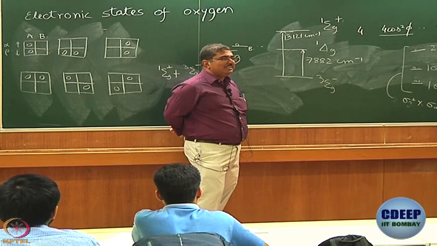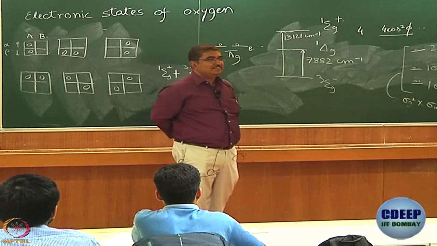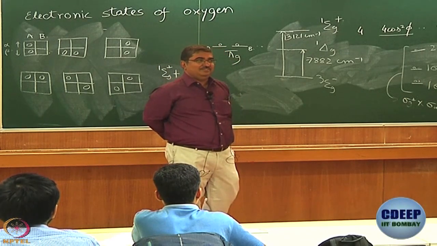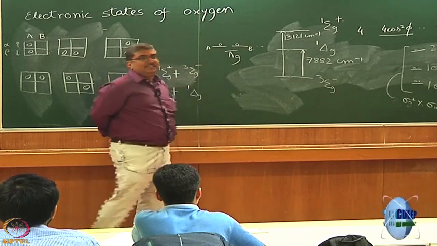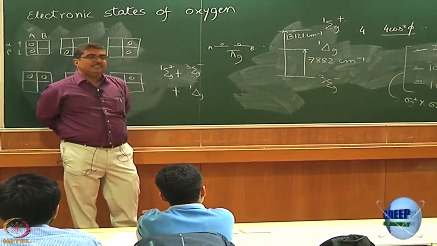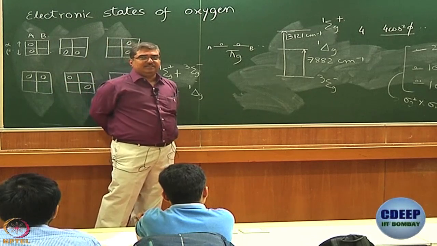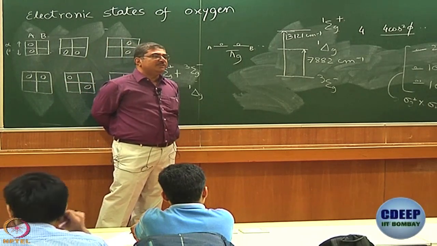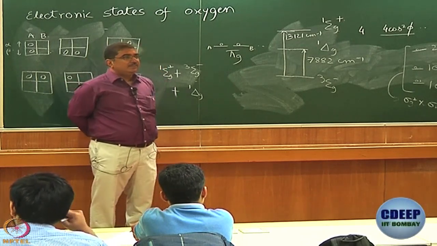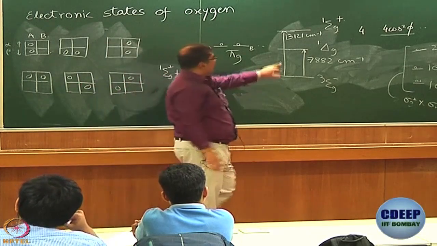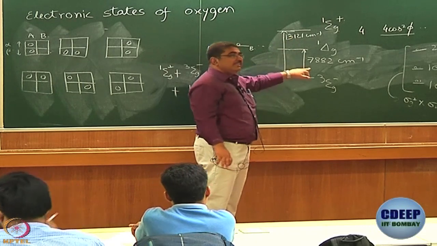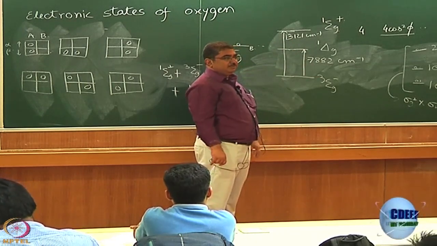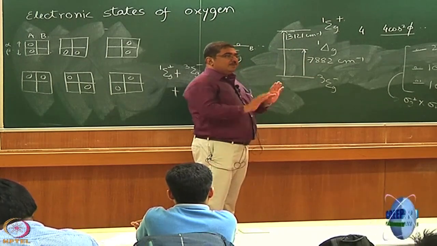What would it be? 7882 centimeter inverse. 13121 is I think something like 572 nanometer or 672 nanometer, forgotten. Visible red. So, this is red, 13121 centimeter inverse. This one is near infrared, 7882, right.